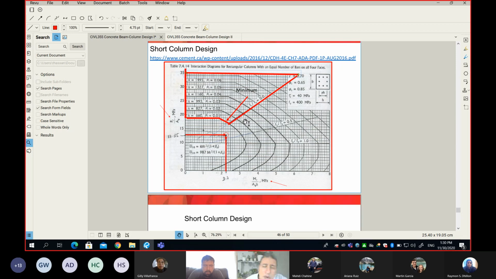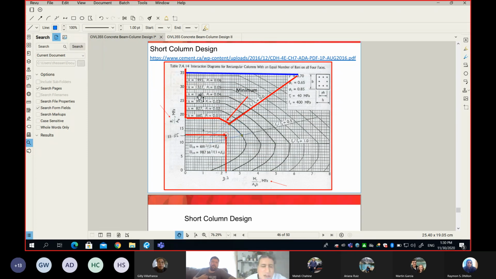How about splice class A? In the table it says between 0 to 0.5. So let me try to do it one more time. I'm going to change my color to blue and then draw a few lines. Okay, so here is my line. It's very annoying, it just changed the color by itself.